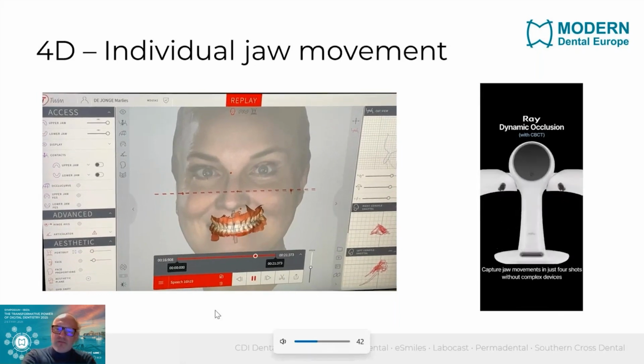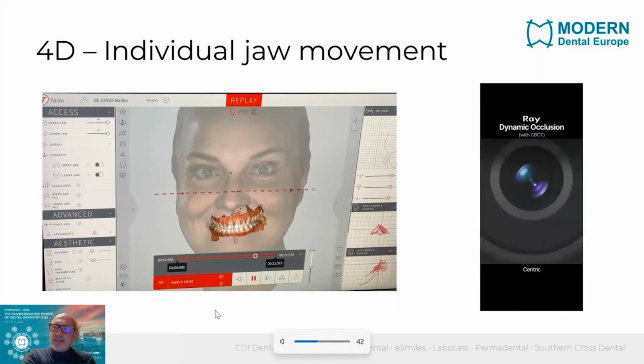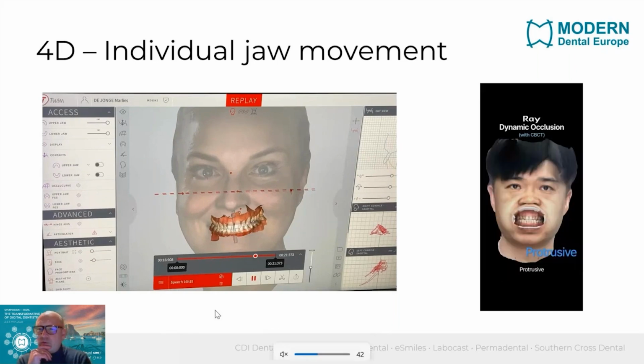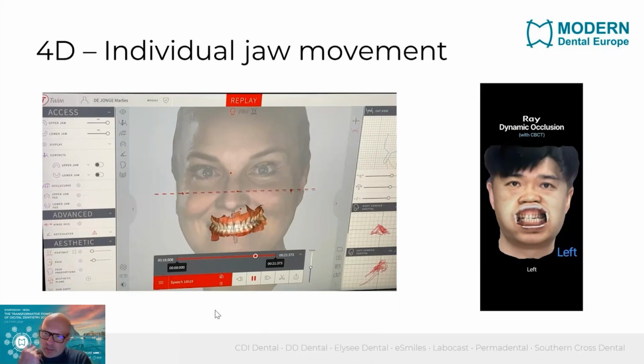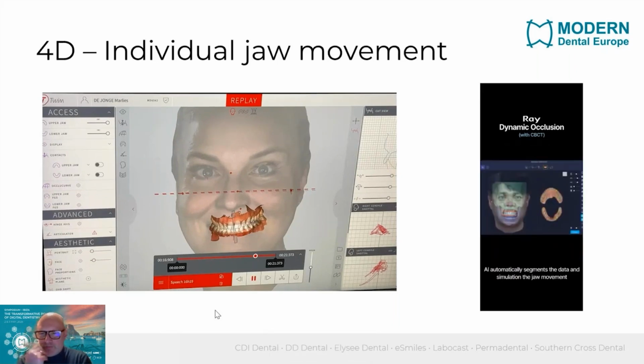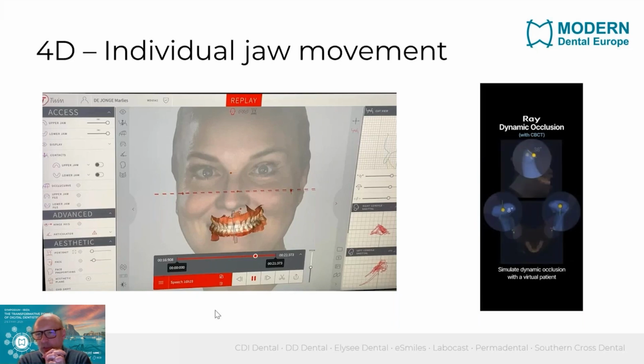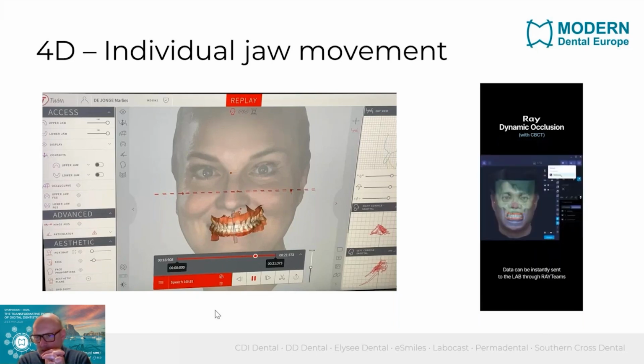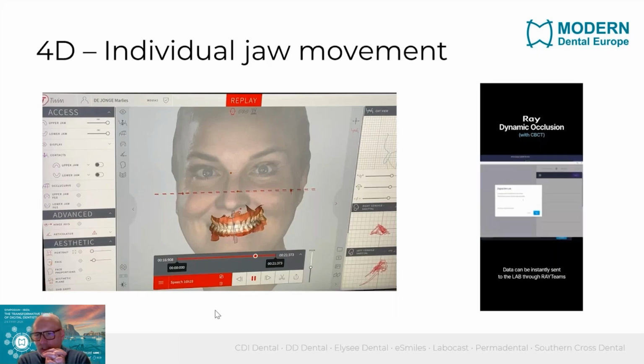The Ray face will also offer dynamic occlusion very soon. So there you can also go left, right, protrusion, retrusion movement and register this. Everything can be segmented in the software. And then you can also look from various angles, look at the movement and the envelope of movement of the condyli, and just use this in your smile design.